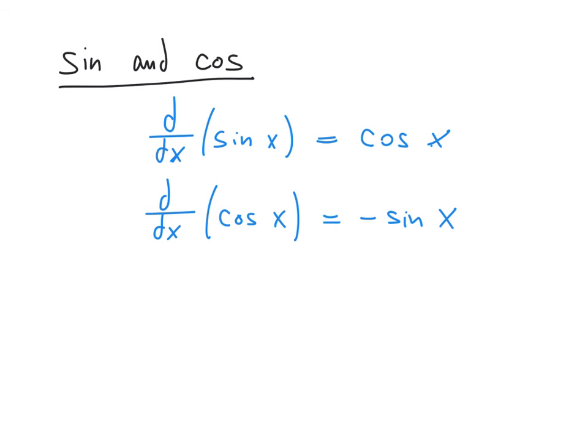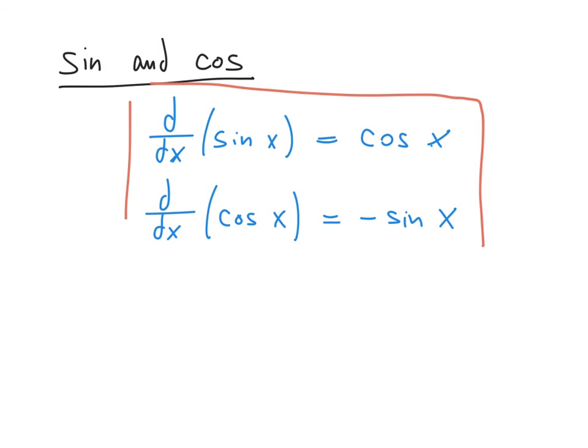Very, very surprising, very amazing. It turns out that ultimately the reason is more or less the same as why the derivative of the exponential function is itself. So sine and cosine are intimately related to the function e to the x. And there's also a way you can explain this geometrically, which I don't want to go into here. But this is the fundamental rule you need to learn.